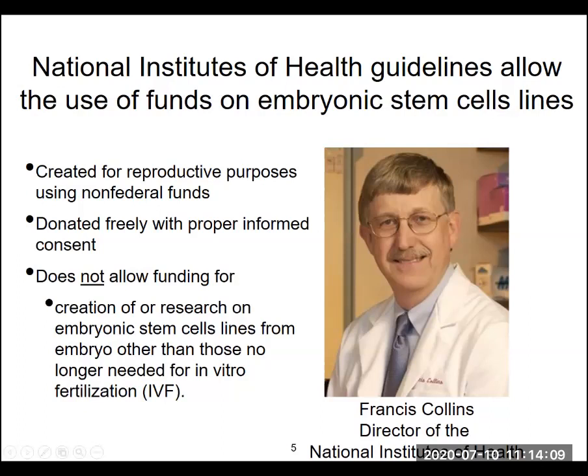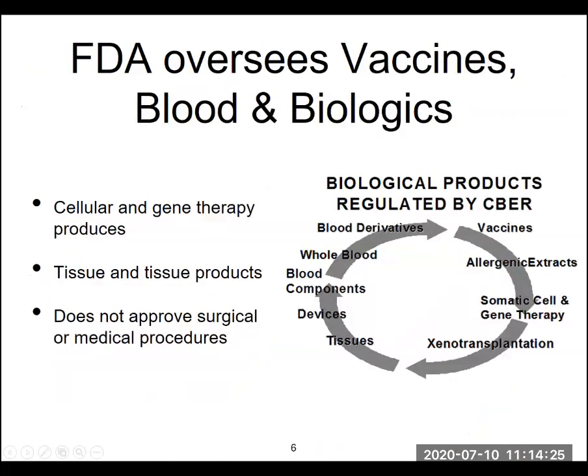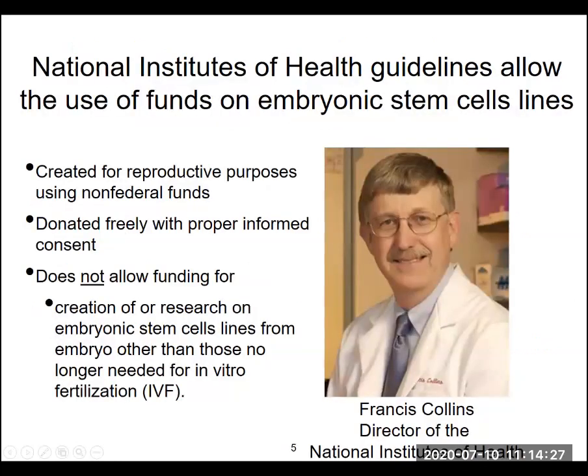So again, in order to create these stem cell lines or to do research on the stem cell lines, they have to be these approved, previously established stem cell lines. So again, created before the restrictions went into place. So that's the National Institutes of Health, taking a look at research on the stem cell lines.